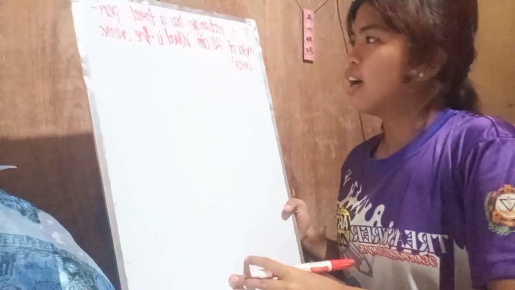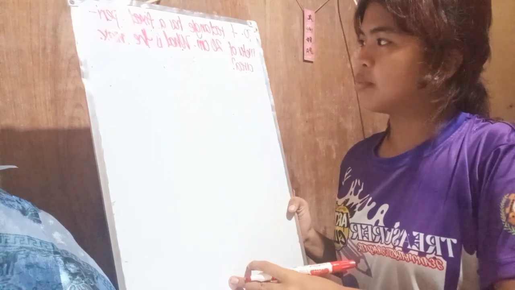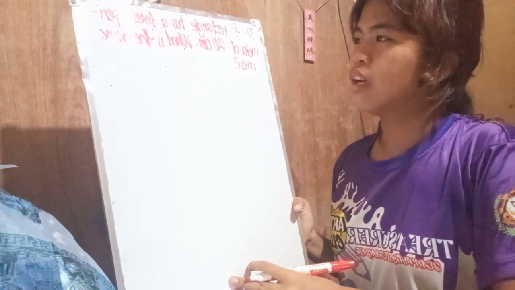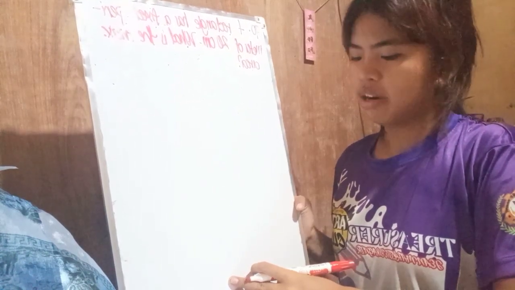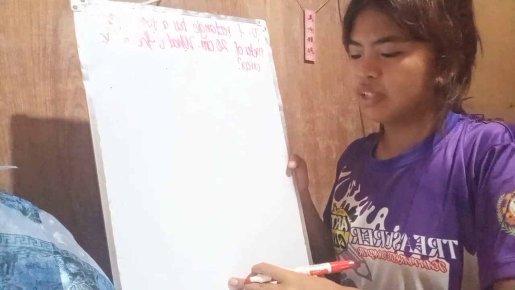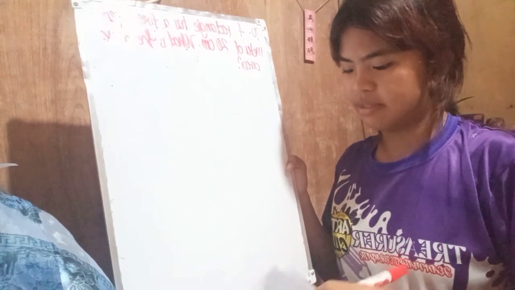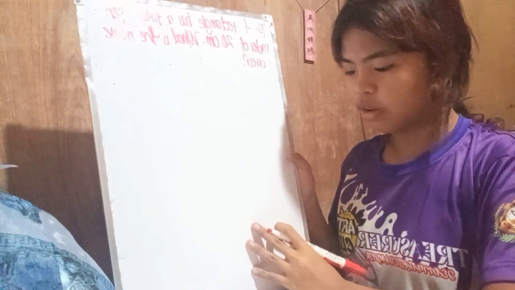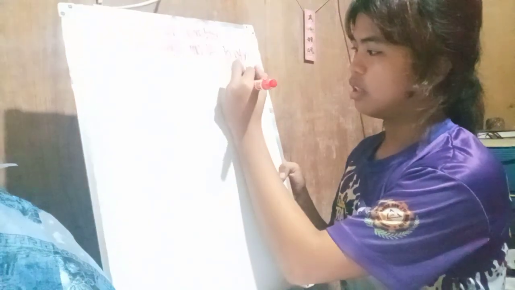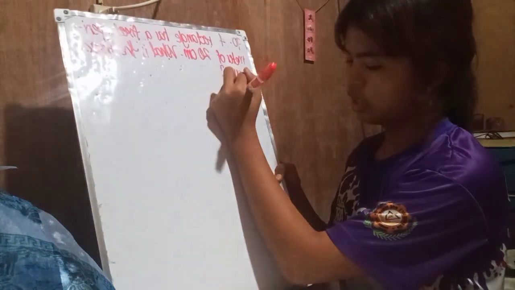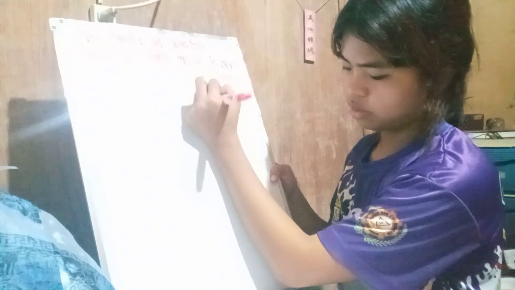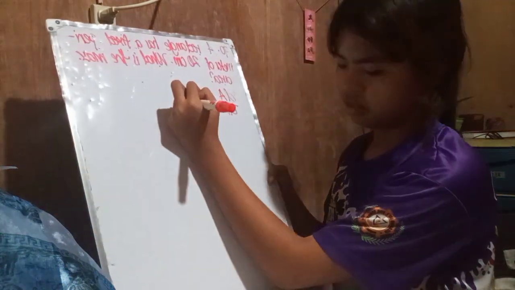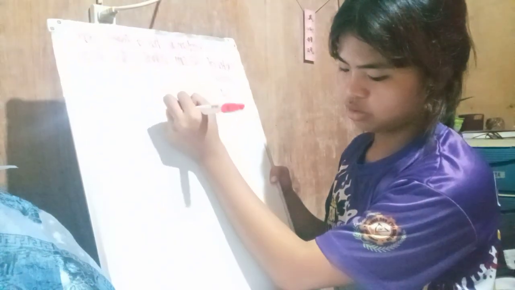Number 46. A rectangle has a fixed perimeter of 20 cm. What is the maximum area? So, dA over dx is equal to 10 minus 2x.